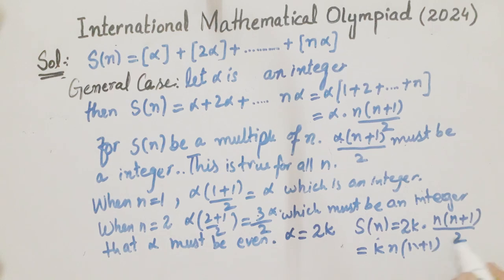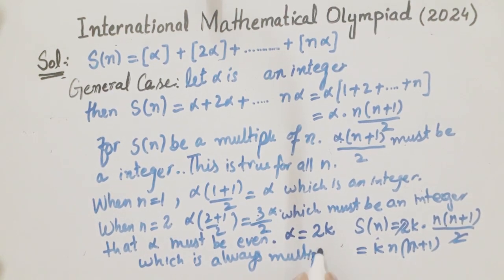The 2 and 2 are cancelled out, so we get k into n into n plus 1, which is always a multiple of n. So this is the complete proof of this first International Mathematical Olympiad 2024 problem.